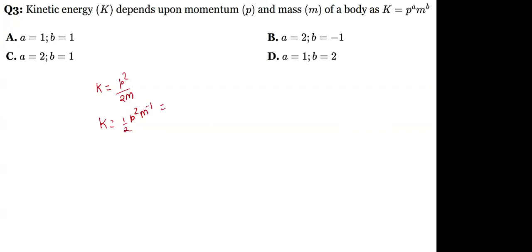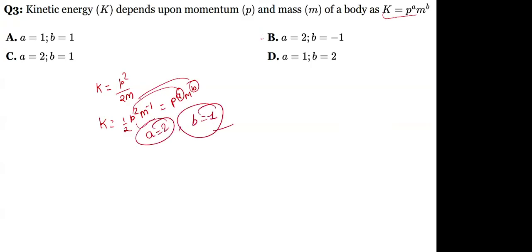If you equate it with P raised to the power A, M raised to the power B, the bases are the same, so we can compare powers. We can say that A equals 2 and B equals minus 1. Option B is the correct one.